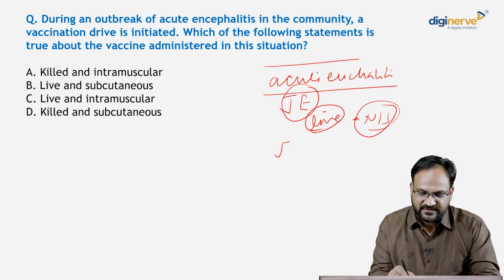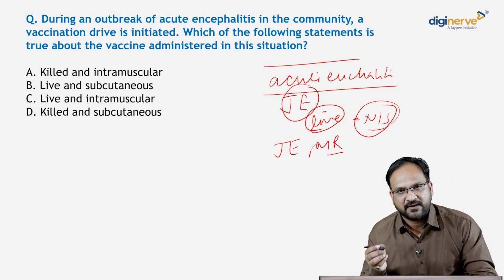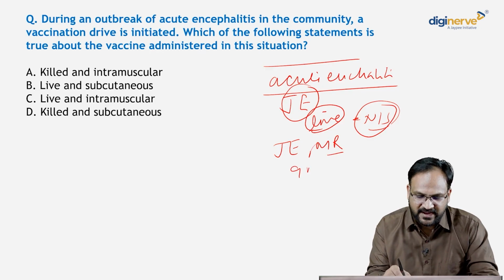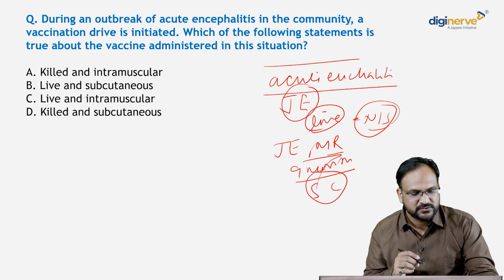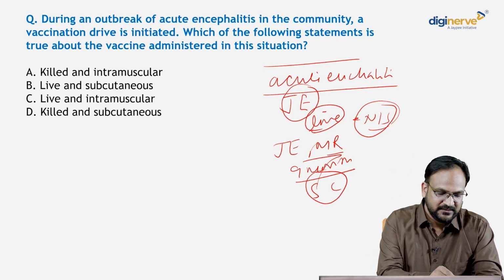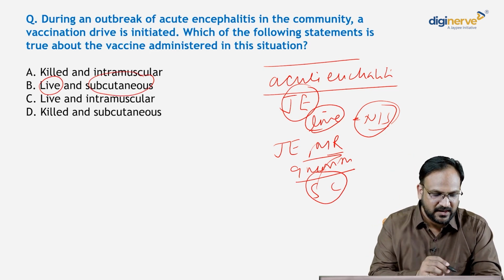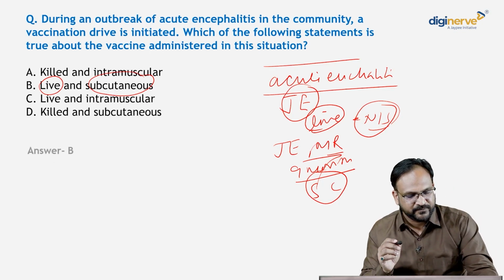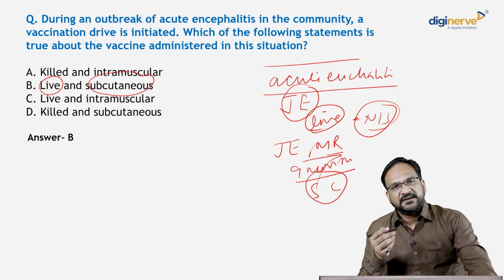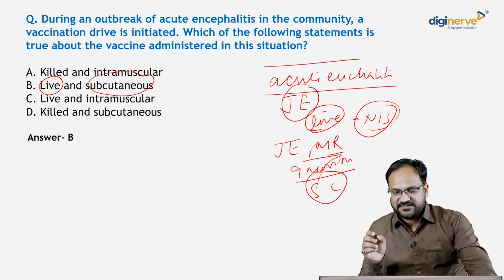Japanese encephalitis vaccine and the measles rubella campaign MR vaccine are both given at the age of 9 months by subcutaneous route. So the vaccine is live and the route is subcutaneous. So I think the answer will be B. There are both killed and live vaccines available for Japanese encephalitis.